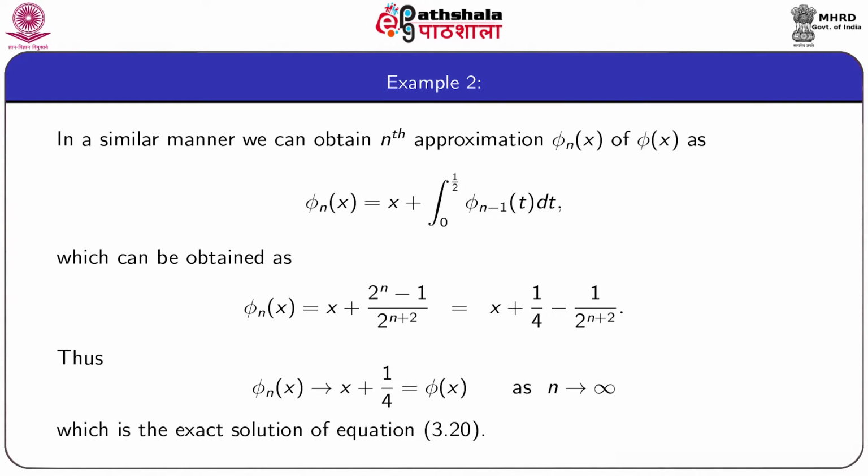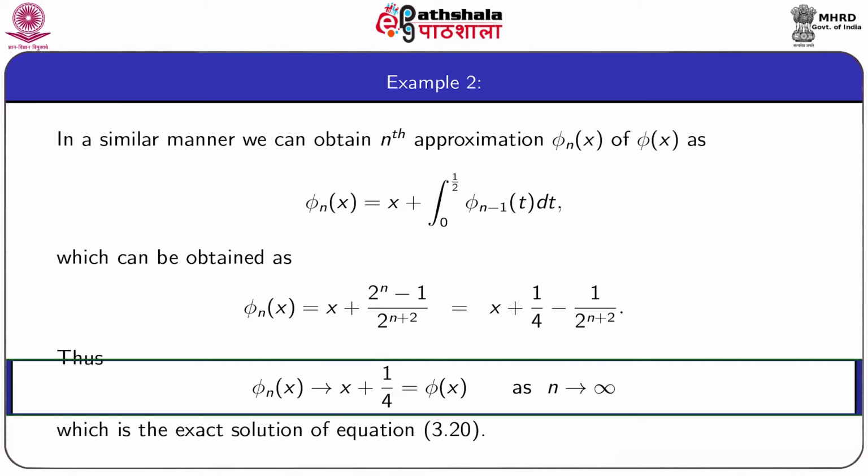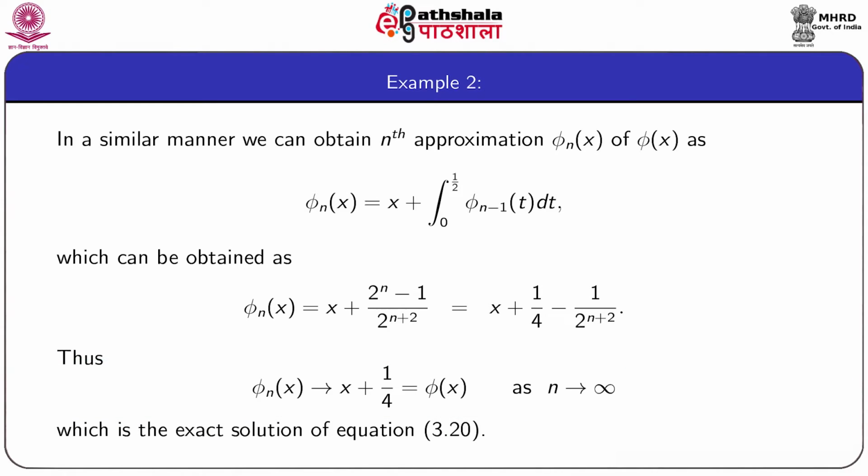Now, this term 1 by 2 to the power n plus 2 tends to 0 as n tends to infinity, so that the nth approximation phi n x tends to x plus 1 by 4, and this gives the exact solution phi x of the given integral equation as n tends to infinity by the method of successive approximation.